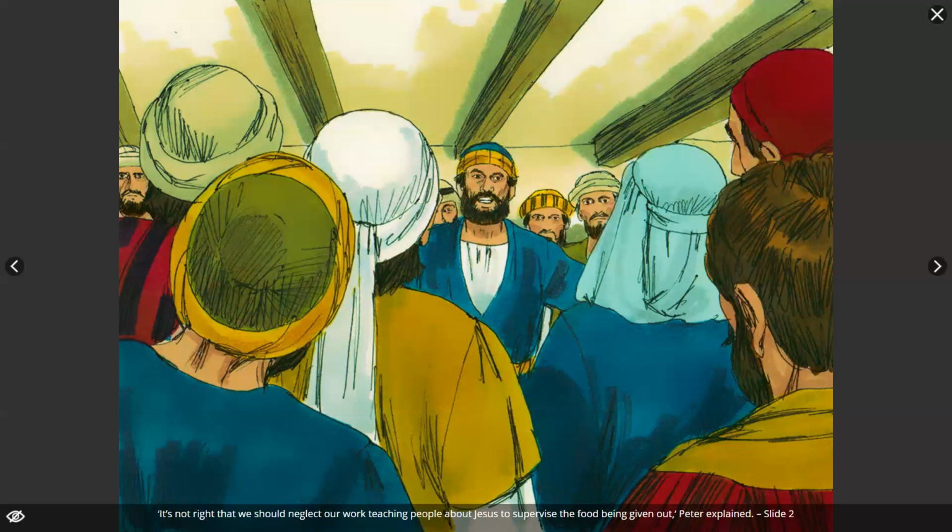So they decided to do something very smart, which is to appoint some men to help out with the distribution of food. Does anyone know how many men they chose? Was it 7? It was 7. Very good. It was 7 men.